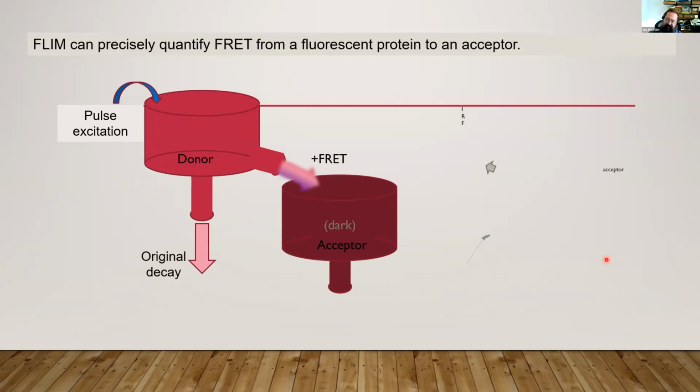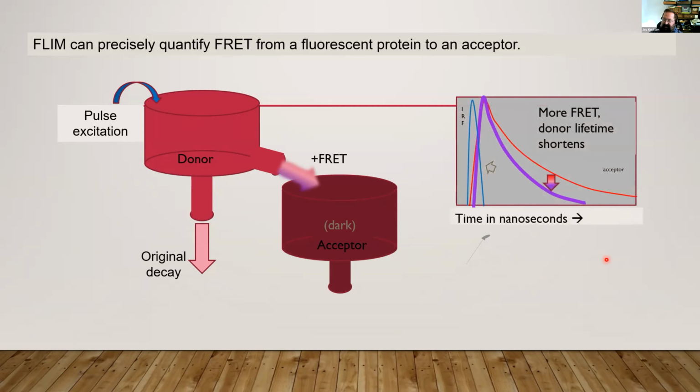And in this case, I'm showing a blur for the FRET rate because there could be many angles, many different levels of FRET going on. Essentially, in the time series we collect, you just see the bucket empty earlier when there is an acceptor present and you're looking at the donor.